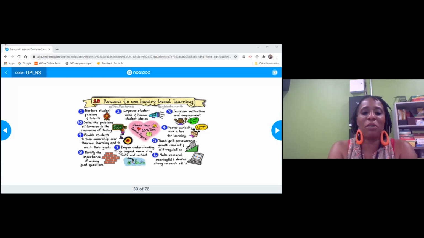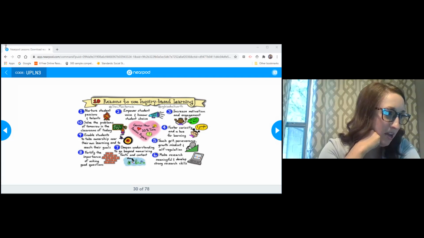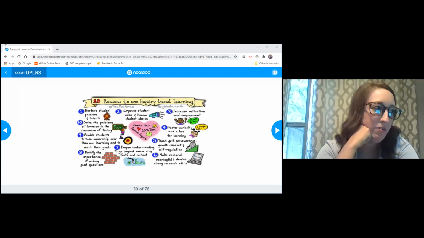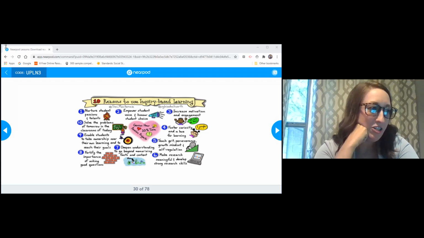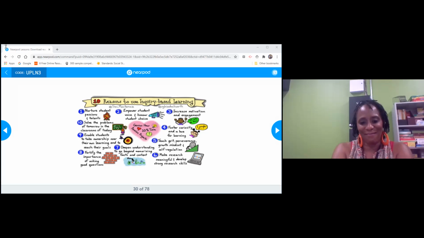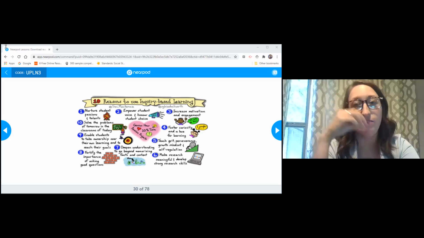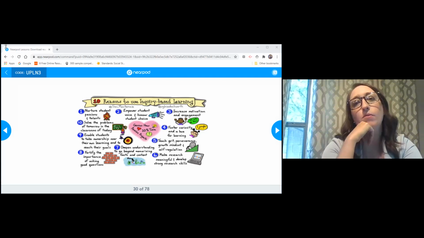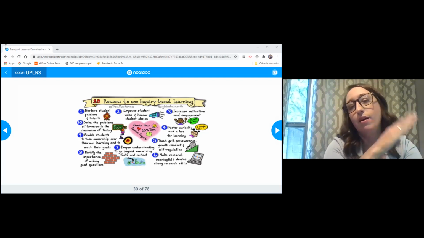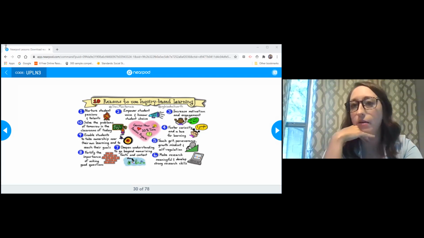Okay, Holly, what's your favorite one on this? Oh gosh, there are so many. I would say it's a toss up between 3 and 4. That's increased motivation and engagement. When I was teaching government, I taught lots of different types: AP and regular.